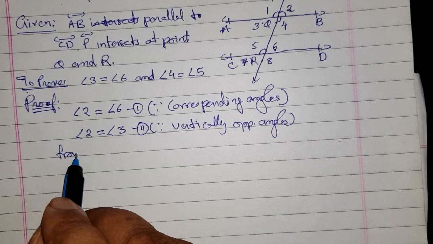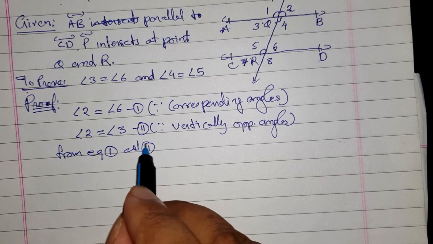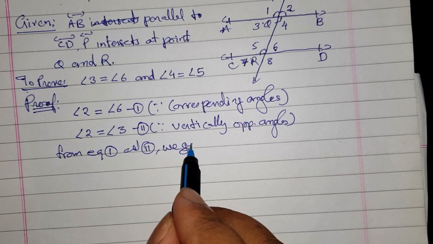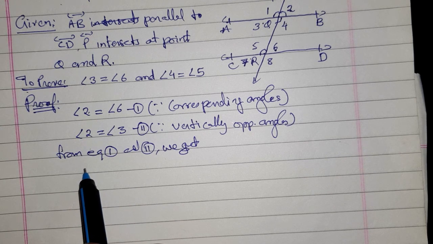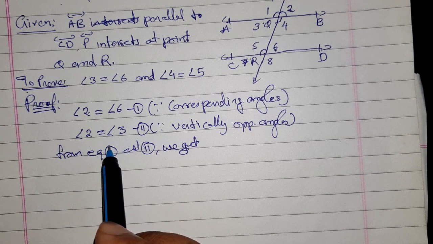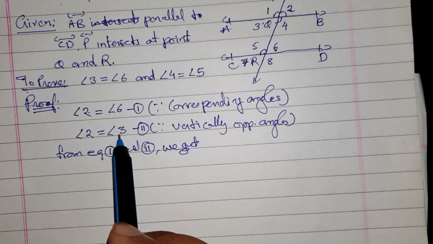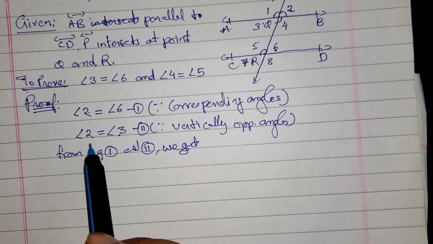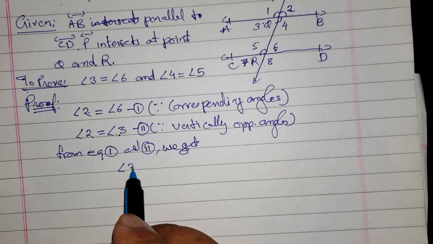So what you'll get from equation 1 and 2? See here, angle 2 is given in both the equations. So if angle 2 is equal to angle 6, angle 2 is also equal to angle 3. Correct? So both the angle 2 can be cancelled. So what is left? Angle 3 is equal to angle 6.